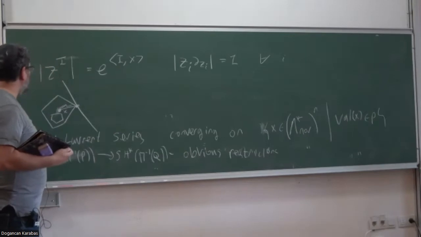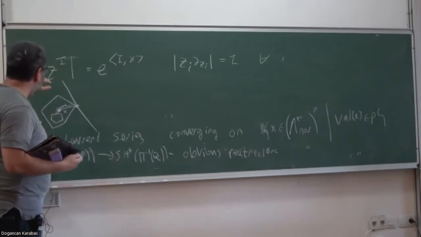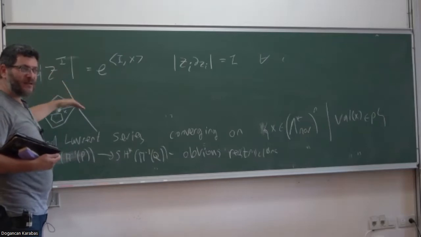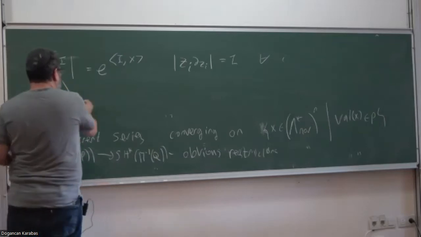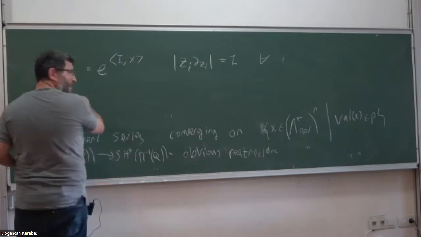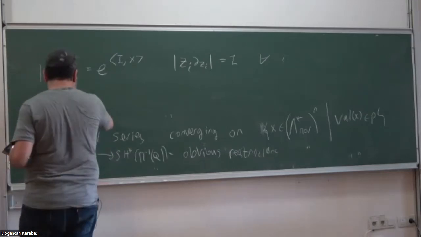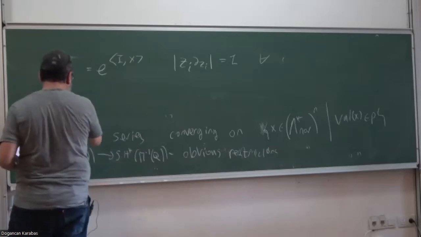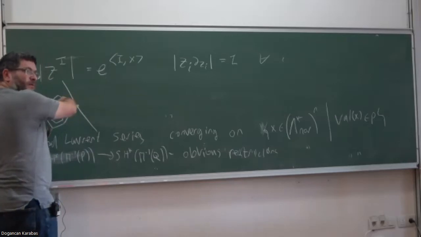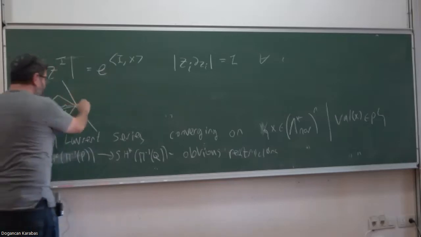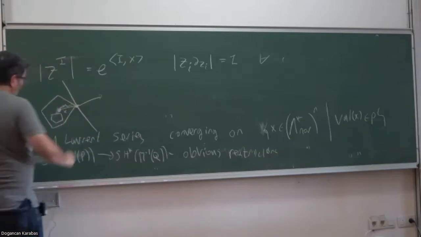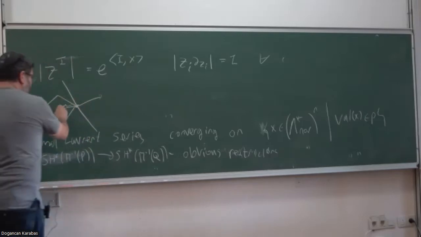So basically you gave me this z to the I. You should think of this I as an integral vector. In this two-dimensional case, it defines a family of parallel lines. Look at what is the rightmost line: if I goes in this direction, what is the farthest I can go while still touching this domain? And that defines for me the norm.